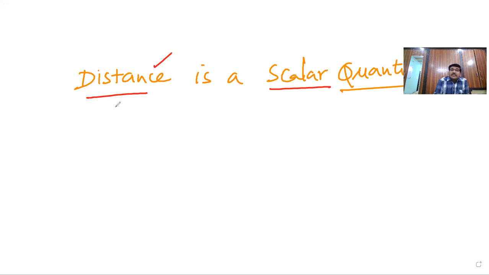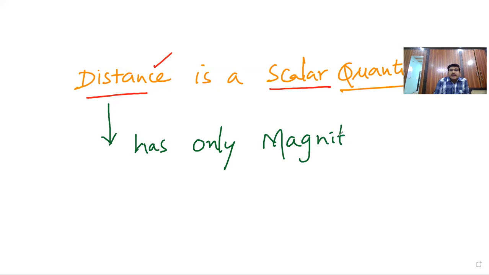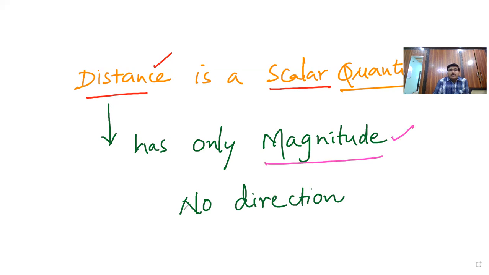Distance has only magnitude. No direction. Be very careful. It has only the magnitude, no direction. That is the meaning of the scalar quantity.